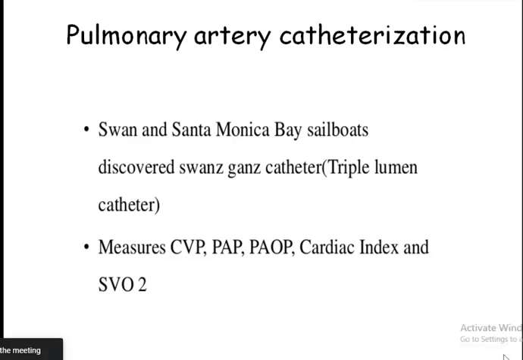And if this also doesn't compensate for the shock, then the third compensatory mechanism is anaerobic metabolism in the tissue, which will increase the lactate level and cause metabolic acidosis in the body. So by this you can understand what we are doing, why we are measuring all these pressures, and why we are measuring the central venous and mixed venous oxygen saturation.